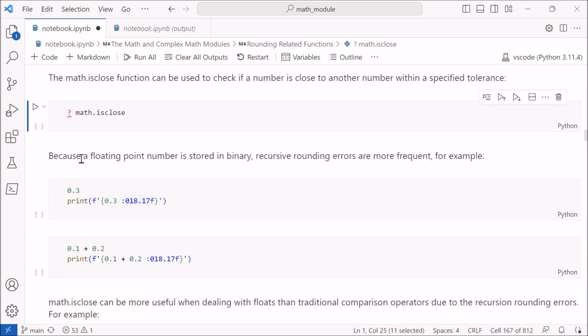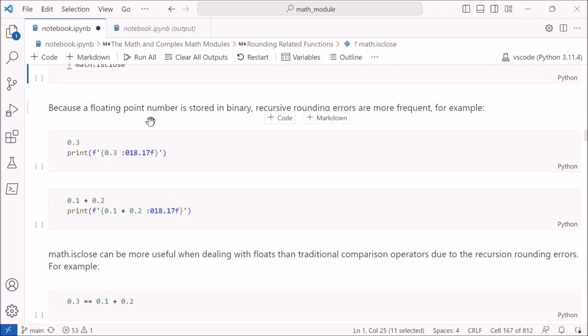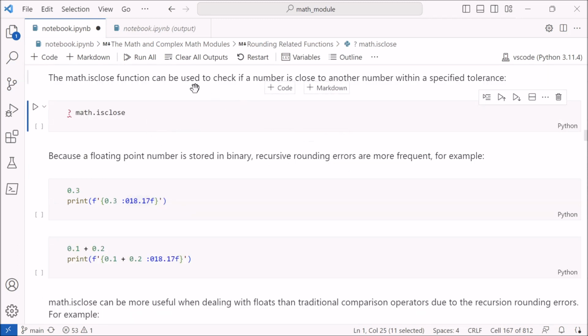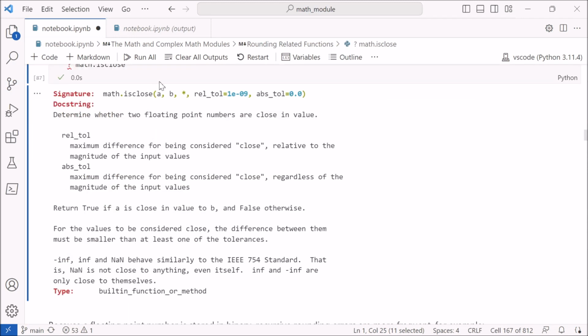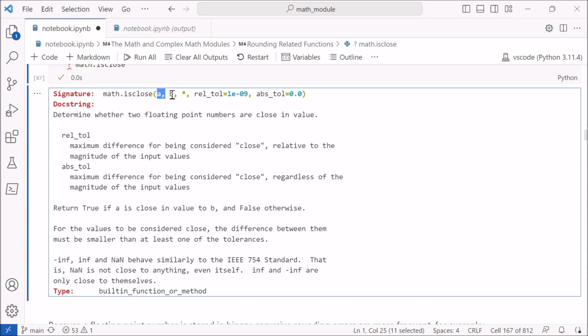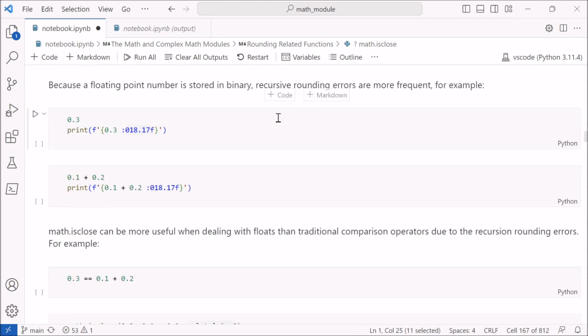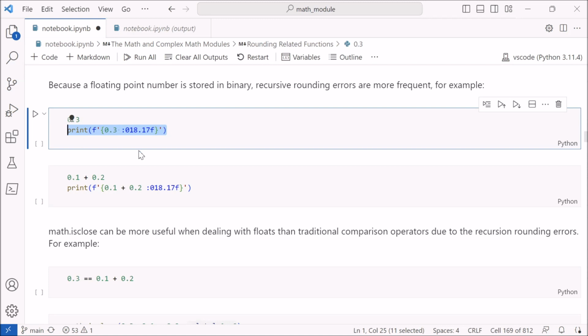So sometimes it's more appropriate to use the math.isclose function to check whether two floating point numbers are close enough to one another, i.e. lie within a specific tolerance. It's essentially going to compare the numbers a and b using a relative tolerance or an absolute tolerance. So let's have a look at the number 0.3, and we're going to print it out so it's basically using all the digits.